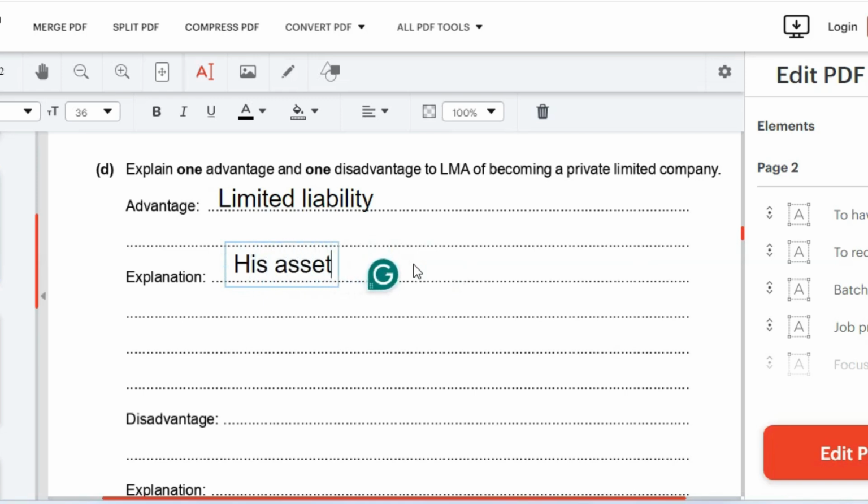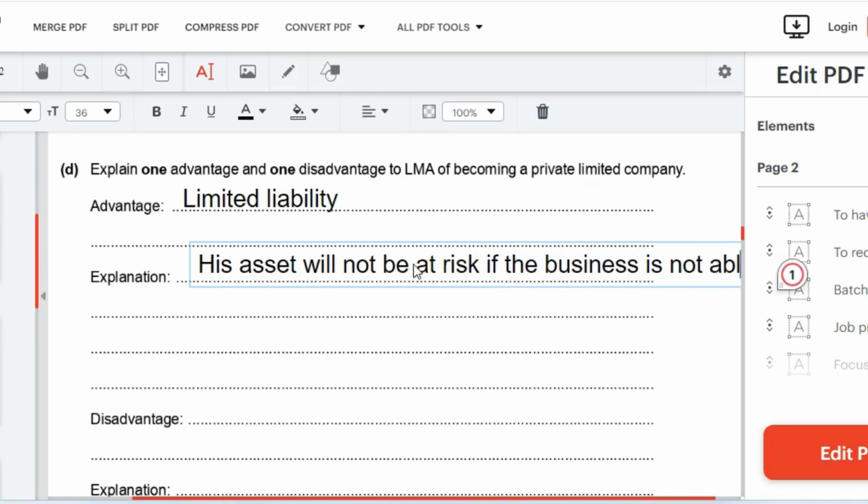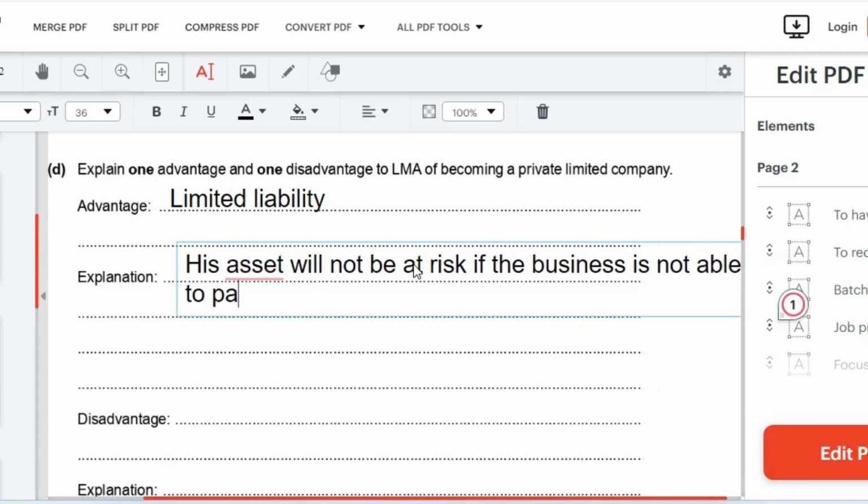Its assets will not be at risk if the business is not able to pay its debts.